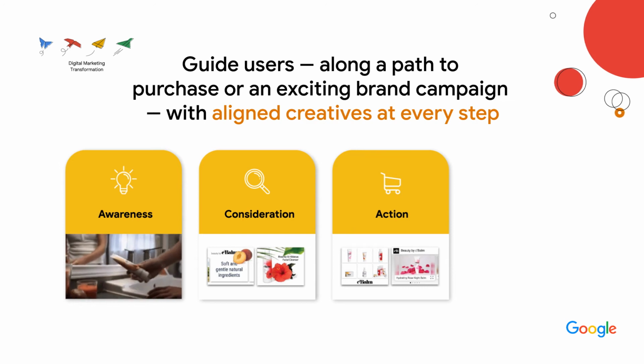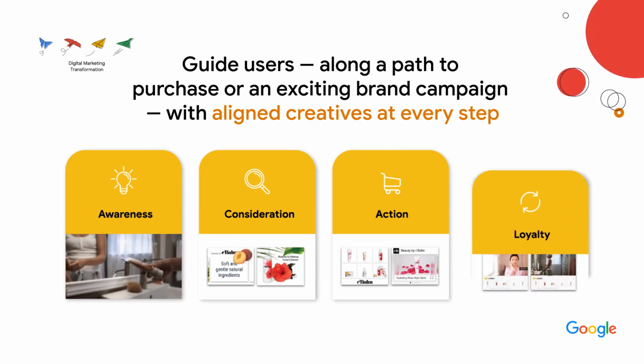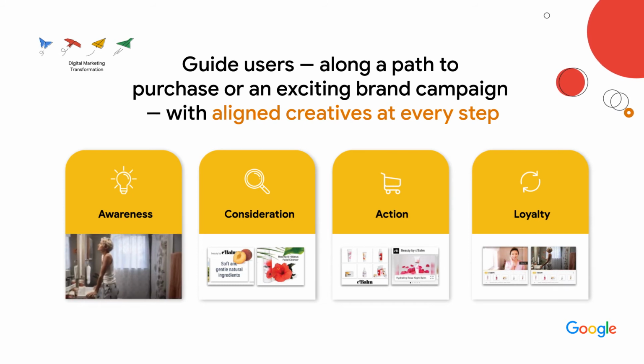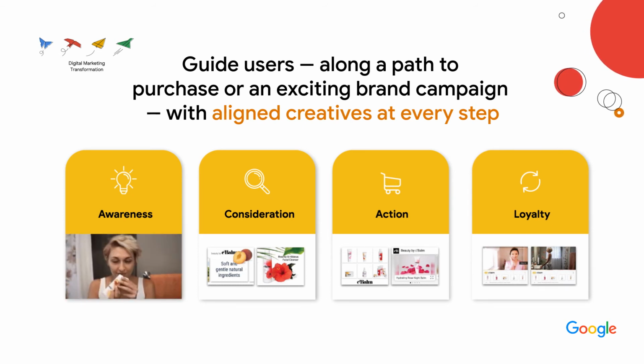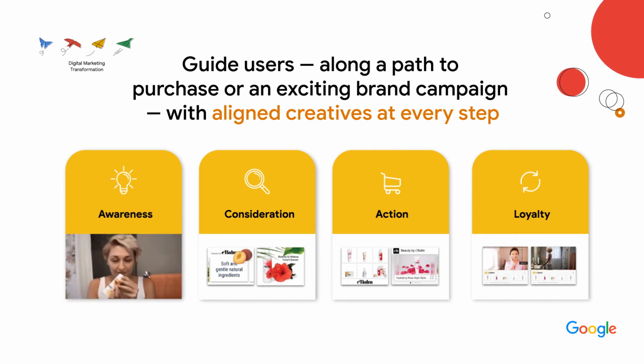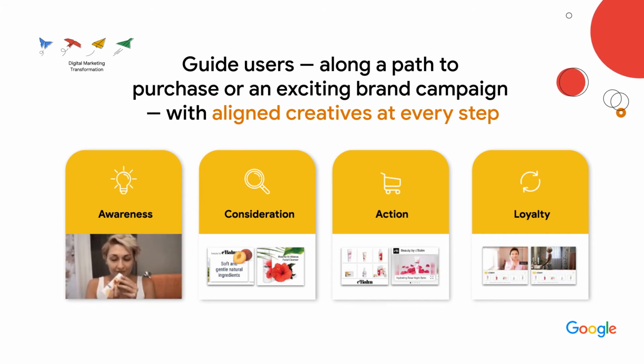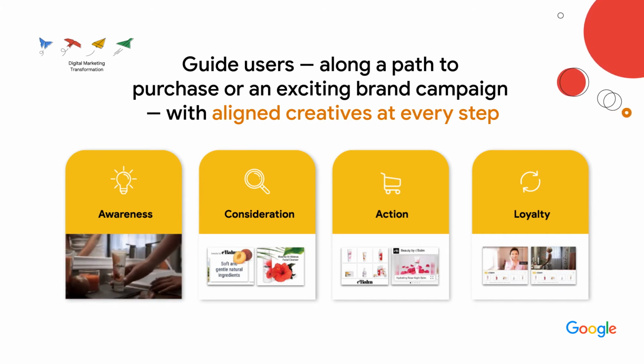And then action, some more direct call to action, buy now. And then the loyalty bit, where you would either highlight other products that support the product that they've purchased, or you just want to continue conversations post purchase.